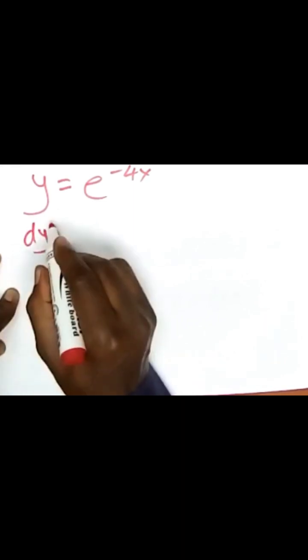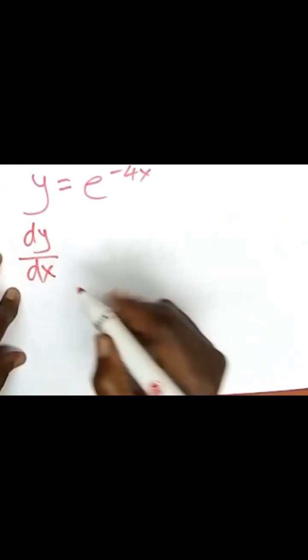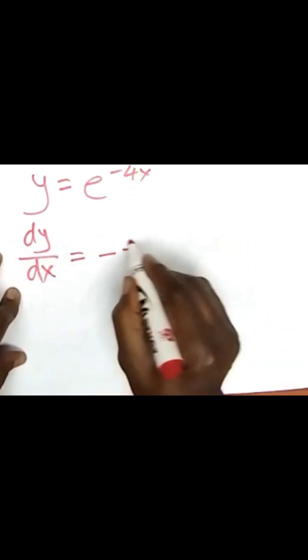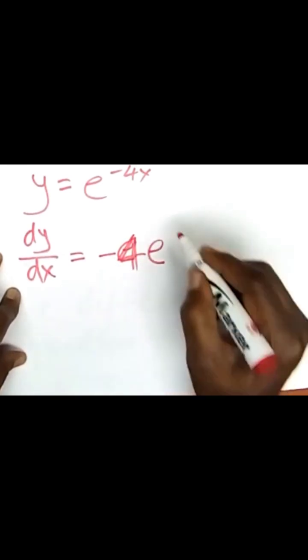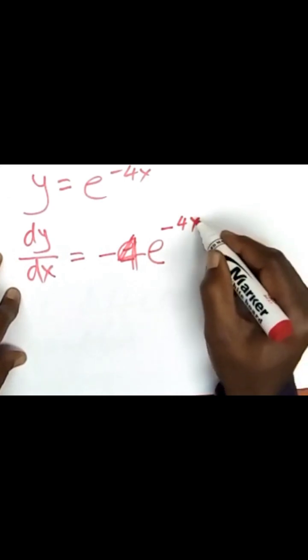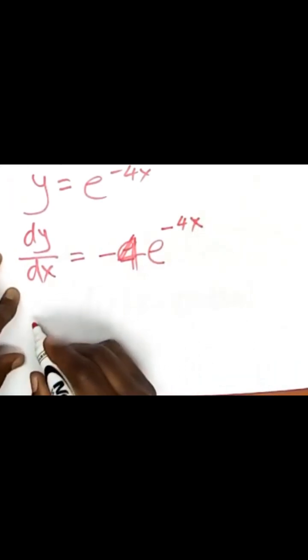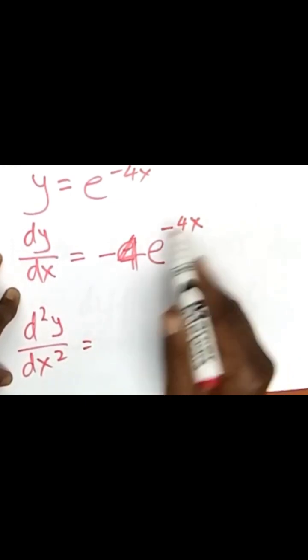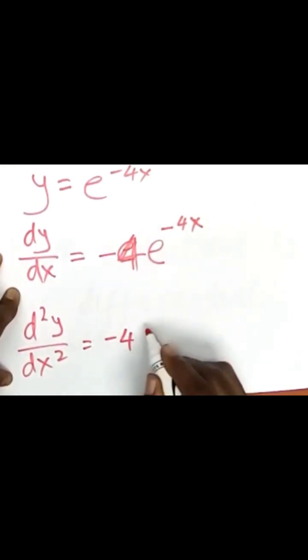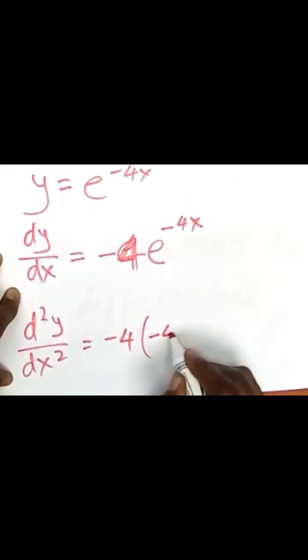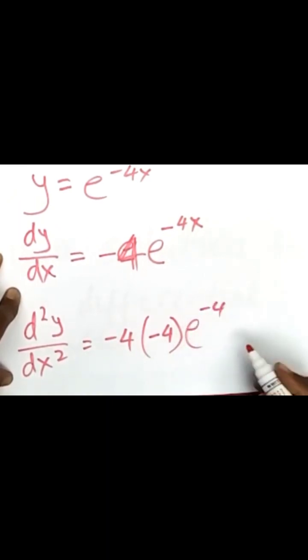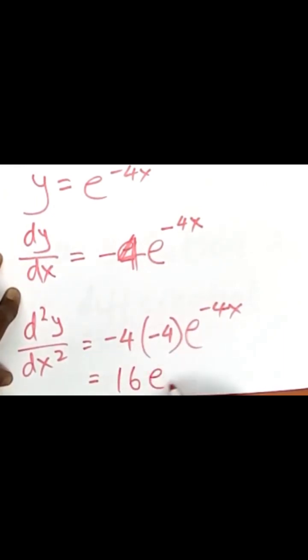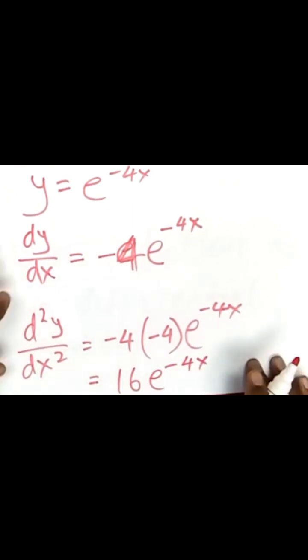So dy over dx is equals minus 4e raised to power minus 4x, while the second differential with respect to x is equals minus 4 into another minus 4e raised to power minus 4x, and that's equals 16 times e raised to power minus 4x. So we're almost there.